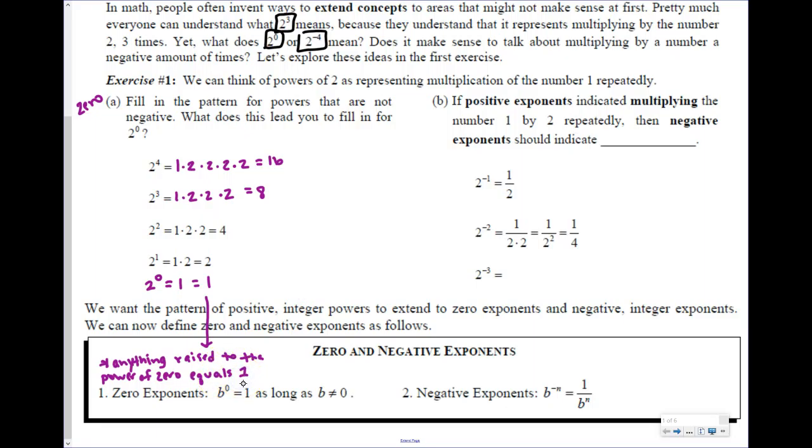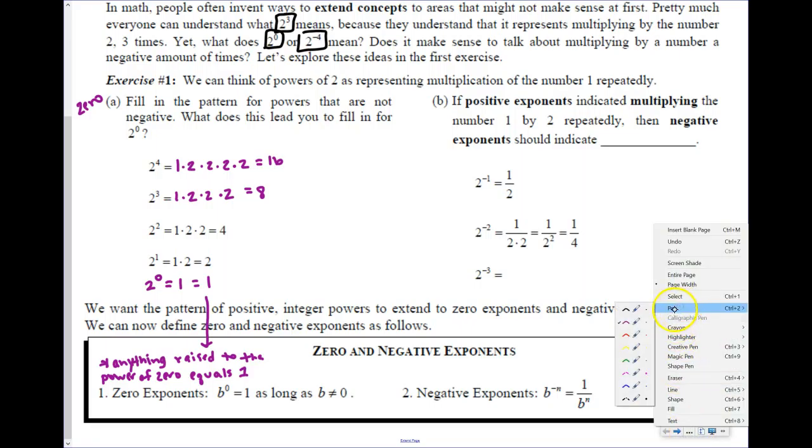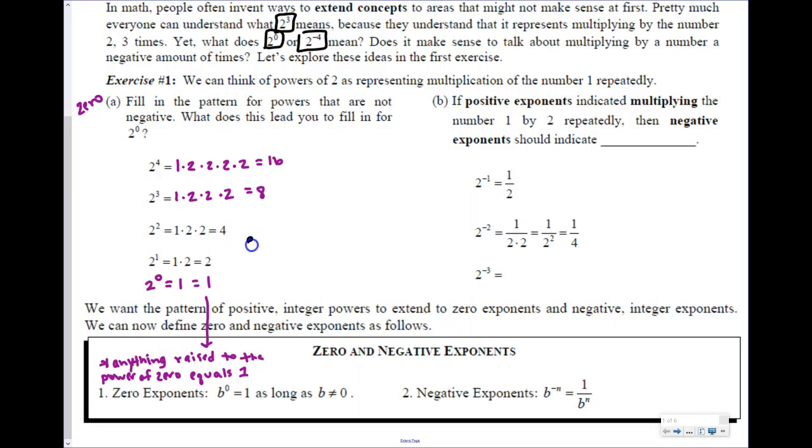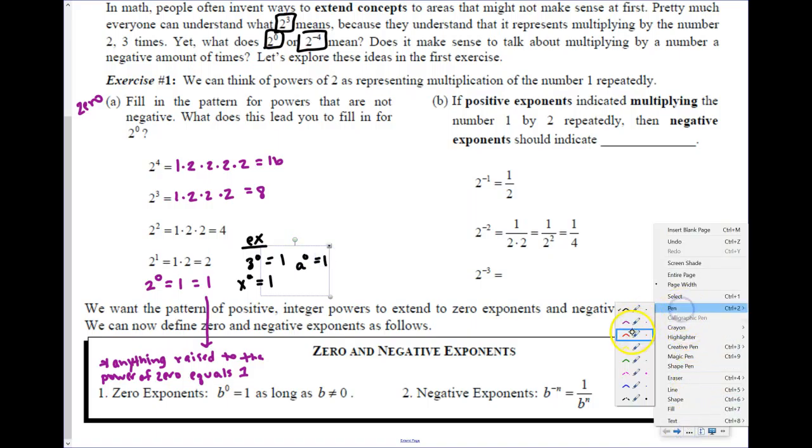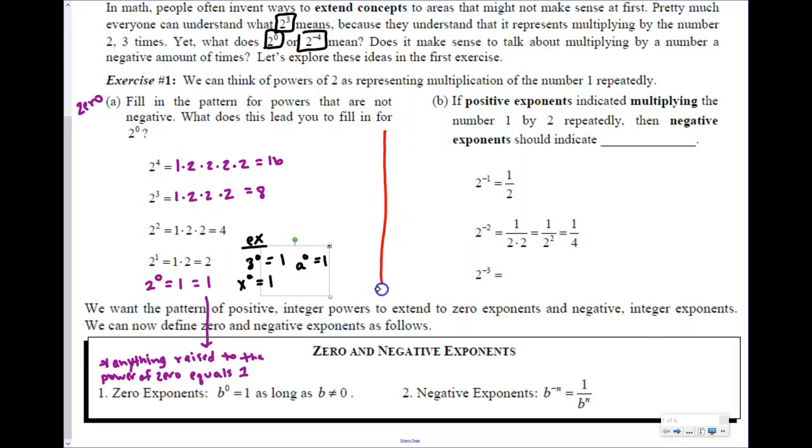Always. A couple other little examples of this: 3 to the 0 equals 1. X to the 0 equals 1. A to the 0 equals 1. Anything to the 0 power equals 1. Okay, that's the first idea. And exercise A is an attempt to explain why it's 1, because it's kind of a weird thing.